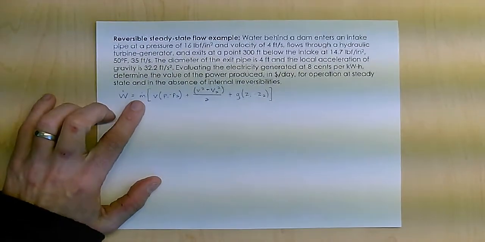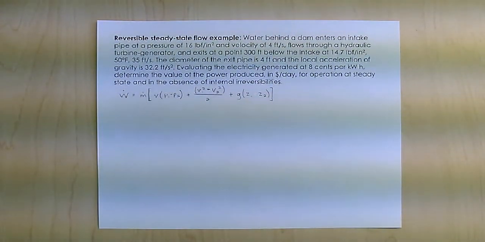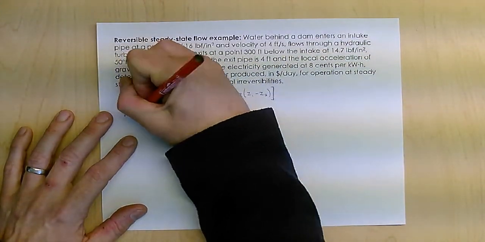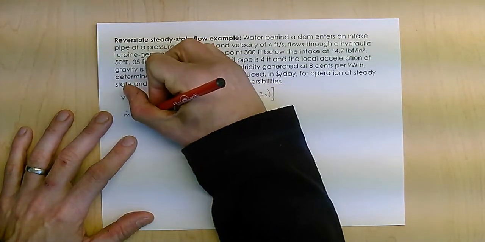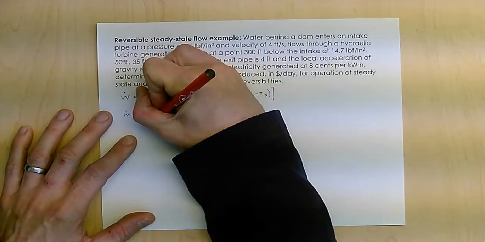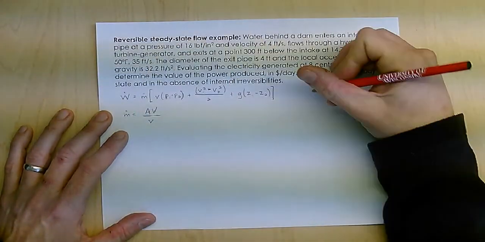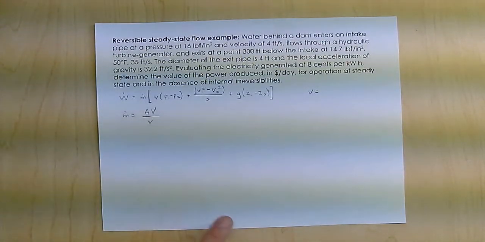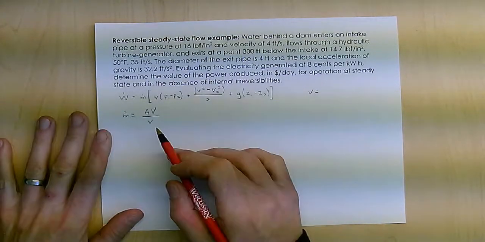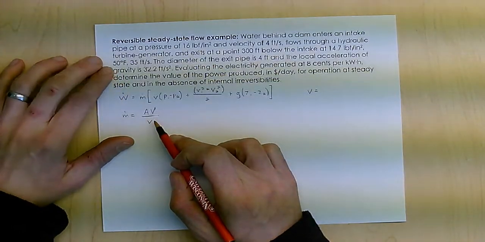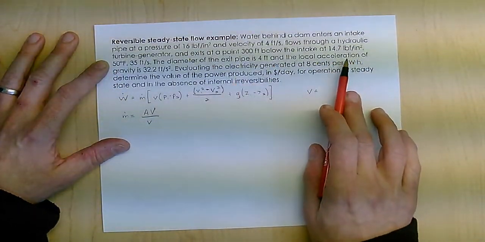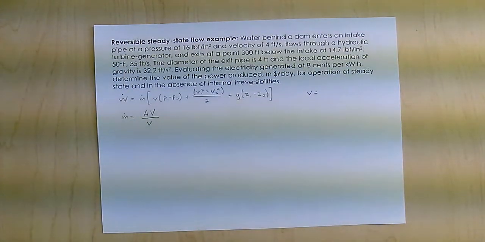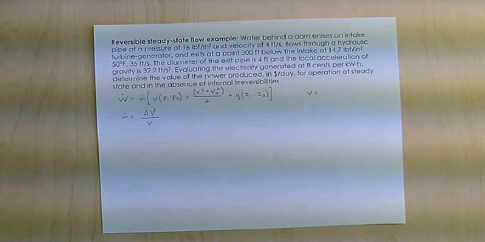Okay, so the first thing I'm going to do is calculate my mass flow here. My mass flow again is given as AV over v, right? Where v, I'll start at, well, that's going to be for either one, honestly. So I will go to 50 degrees Fahrenheit. This is liquid water, so I don't have tables for it at these pressures.